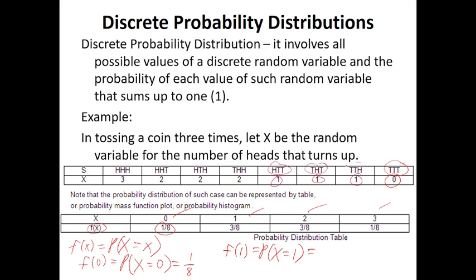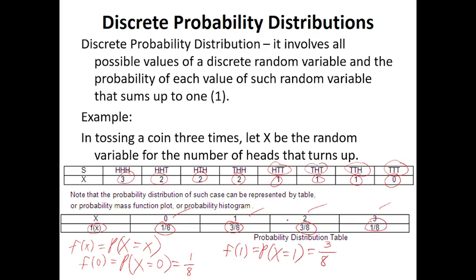And in that case, 3 out of 8. So this is now the probability. For x equals 2, 3 as well, 3 out of 8. For x equals 3, we have 1 out of 8.